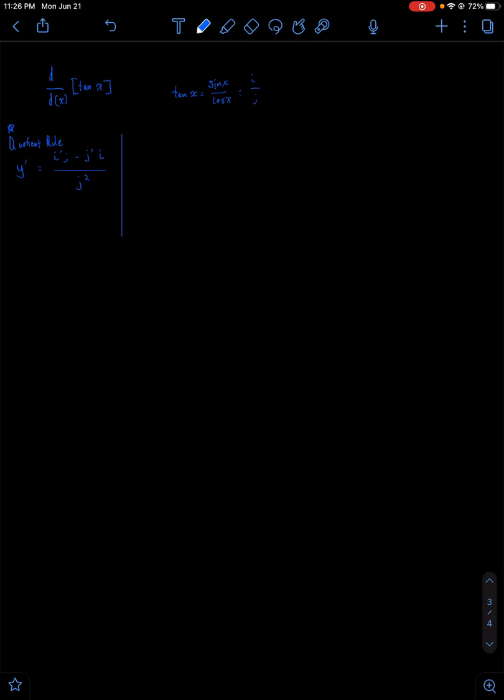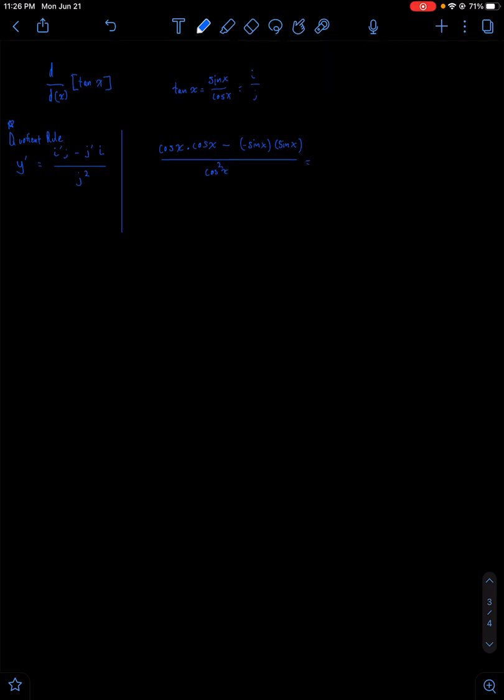Plugging this in, since we proved the derivatives of sine of x and cosine of x, the derivative of sine of x is cosine of x. So we get cosine of x times cosine of x minus the derivative of cosine of x, which is negative sine of x, times sine of x, all over j squared, so cosine squared of x.